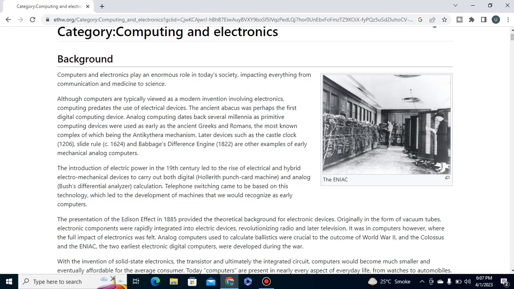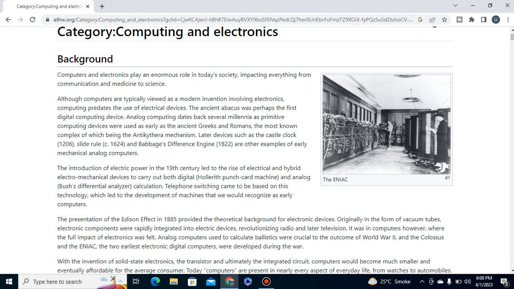Analog computers used to calculate ballistics were crucial to the outcome of World War II, and the Colossus and the ENIAC, the two earliest electronic digital computers, were developed during the war.